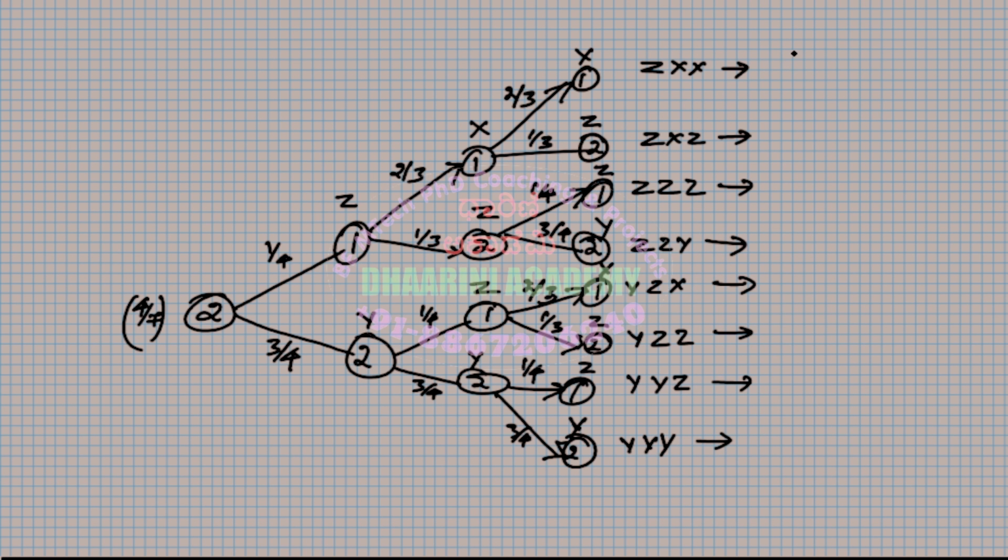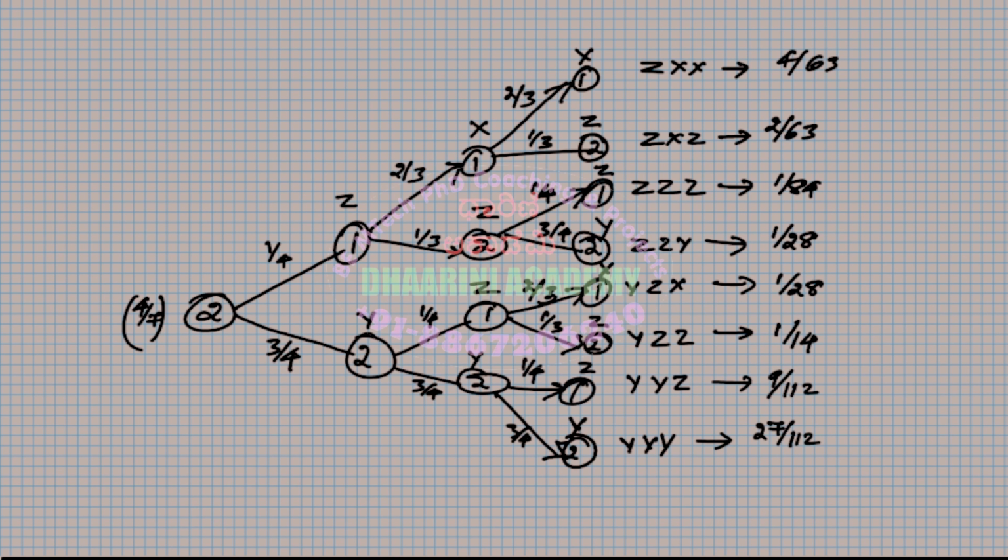So the first one is 4 by 63, 2 by 63, 1 by 28, 1 by 28, 1 by 14, 27 by 112.